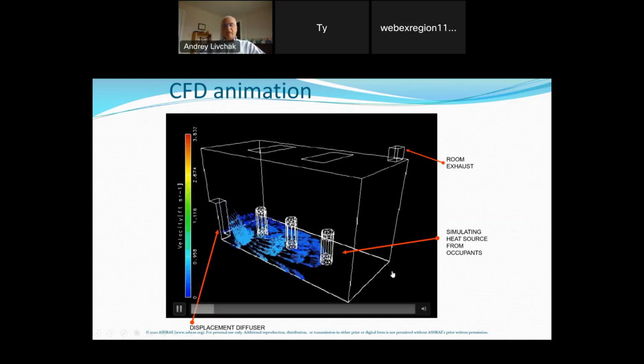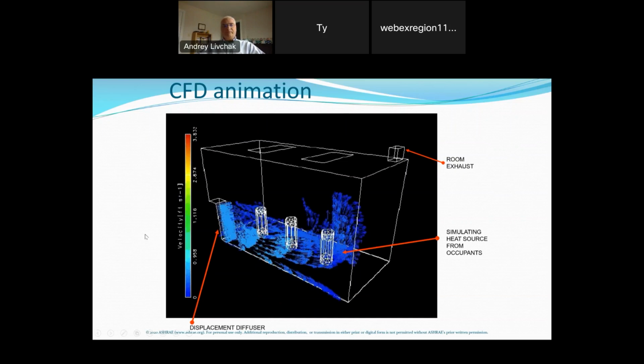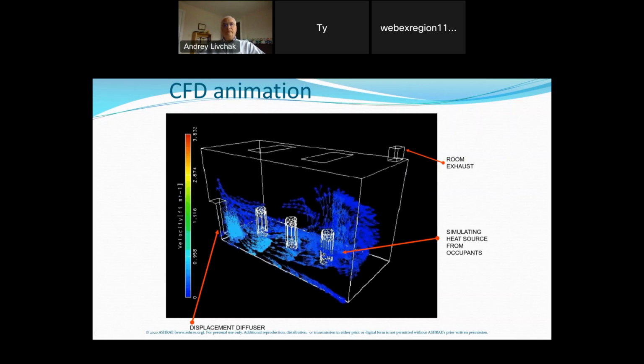It spreads evenly throughout the space. And eventually you will see how these cylinders warm up this air and create plumes of warm air rising into the upper part of the space. In just a few moments, you will also see the temperature profile in the space.